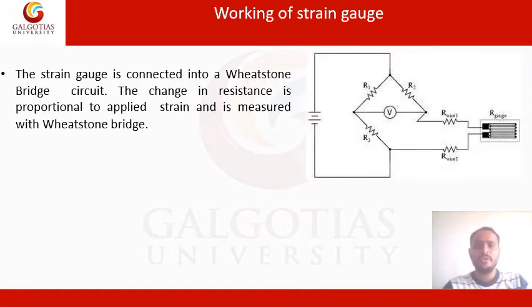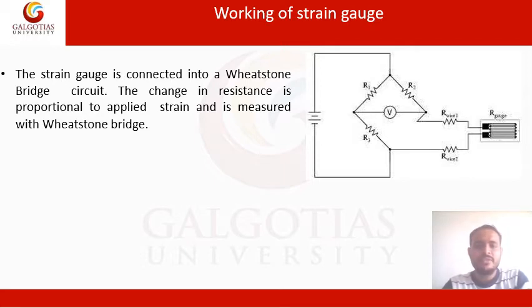A strain gauge is a sensor whose resistance varies with applied force. That is, it converts force, pressure, tension, weight, displacement, etc. into a change in electrical resistance, which can then be measured.